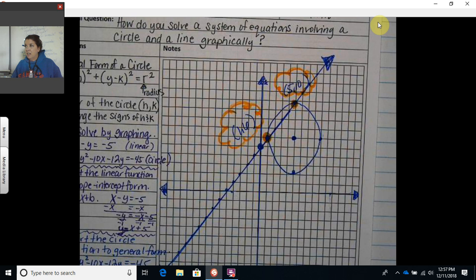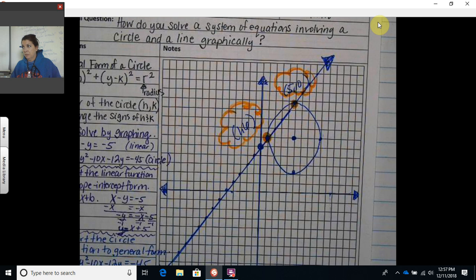Graphing is not always the best method, all right. Sometimes you kind of have to estimate where they intersect, and maybe your circle's not perfect. So if you don't have a compass or you don't have graphing technology, I would probably solve it algebraically if you need to know an exact answer, right?